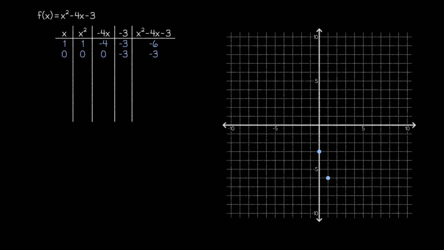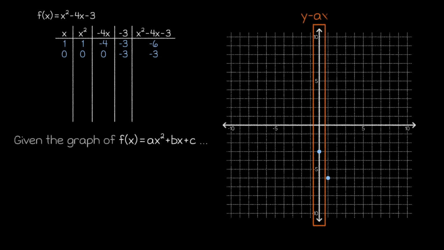Now, before we move on, we should ask ourselves, how do we find the vertical intercept in general? Well, if we look at other points on the y-axis, we'll notice that they all have an x-coordinate of 0. In fact, another way of expressing the concept of the y-axis would be as the line where x is equal to 0.